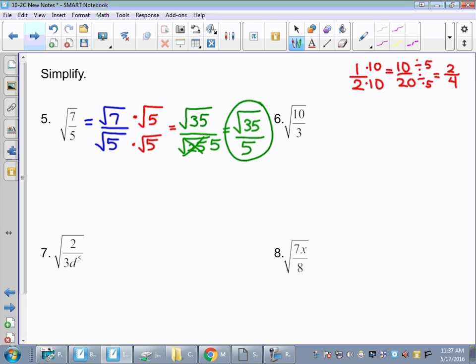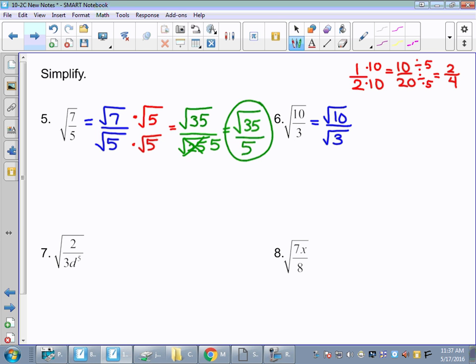Let's try another one, number 6. We got the square root of 10 thirds. So the very first step is to separate it into the square root of 10 over the square root of 3. Okay, so now I got rid of the fraction. Now that we got rid of the fraction, I have a radical in the denominator that I need to get rid of.